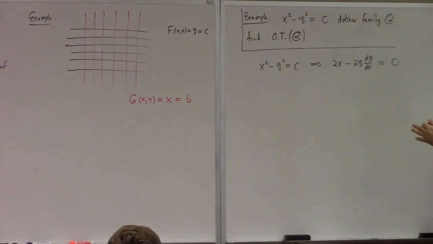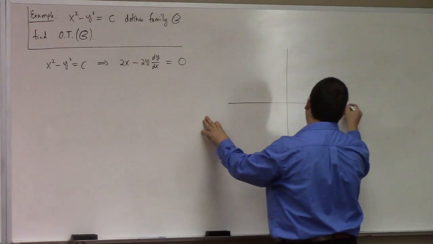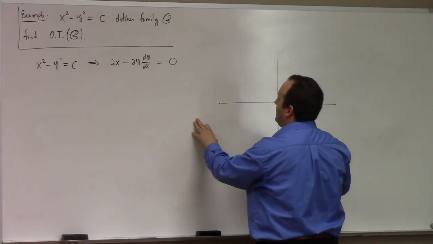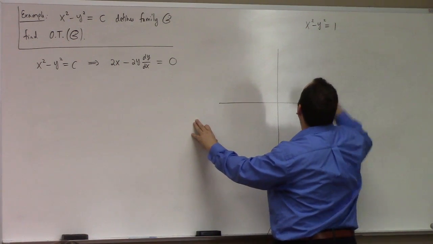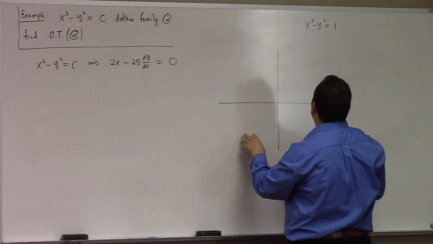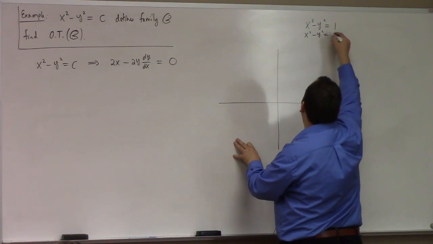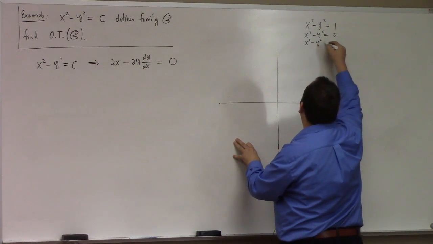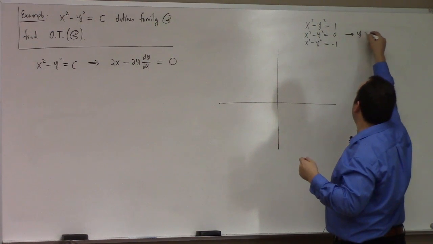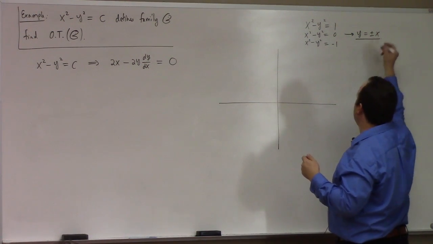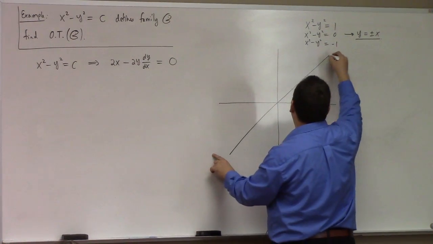But before I go further, though, what is this family? I'll do the picture over here. If c is positive, what do you have? Like x squared minus y squared equals to 1. What is that? So equal to 0 gives you what? Plus or minus x, right? Those are these guys.